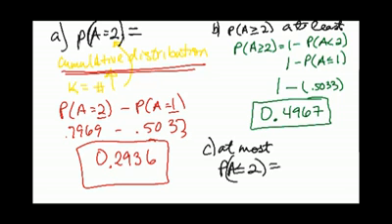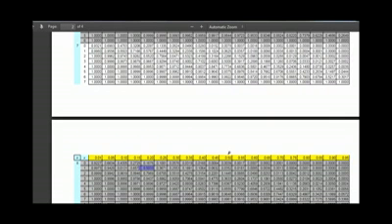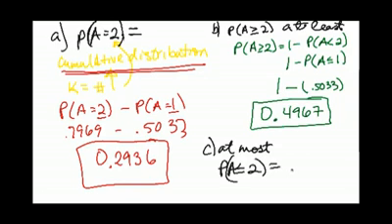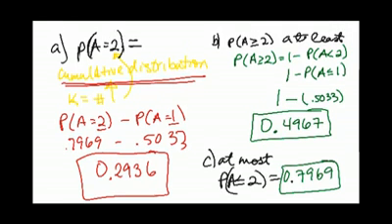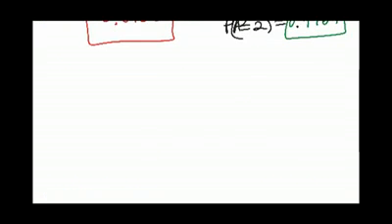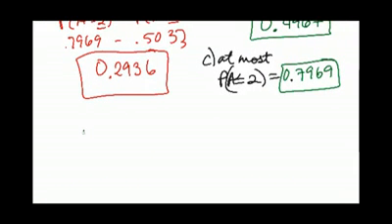We need the table value for 2, which was 0.7969. So you can see that with a table available to you, it's a lot quicker to calculate these values than without a table.